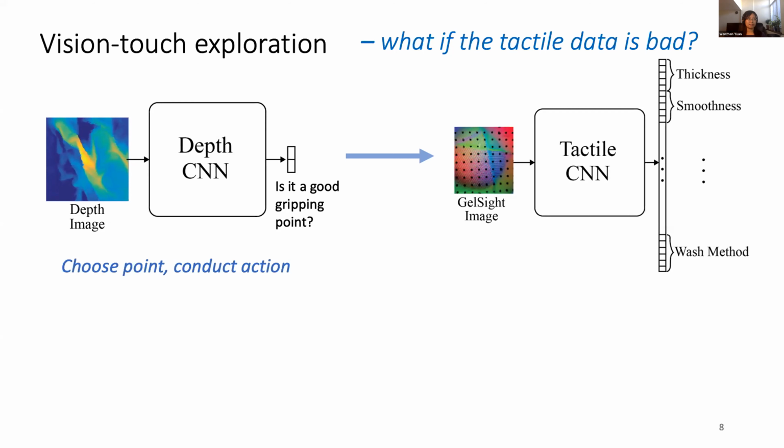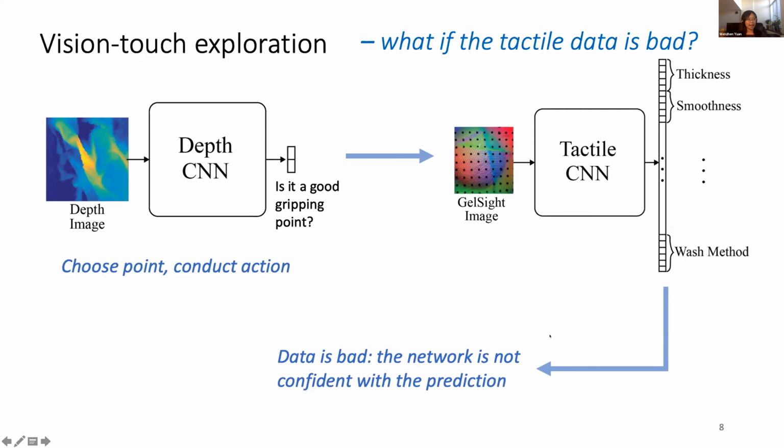Or in some other cases, the second neural network is not working properly, so it's also very confusing about the properties. In this case, we just ask the robot to go ahead and do this exploration again.